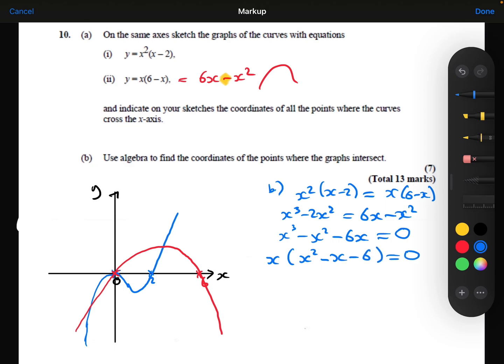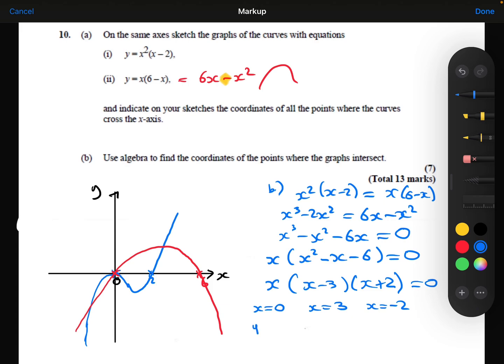And we can now factorise that quadratic to be x minus 3 and x plus 2, I think, because the minus 3 times the 2 is minus 6, and the minus 3 plus the 2 is minus 1. And now we can see that if x equals 0, or x equals 3, or x equals minus 2 are all points where these graphs intersect.